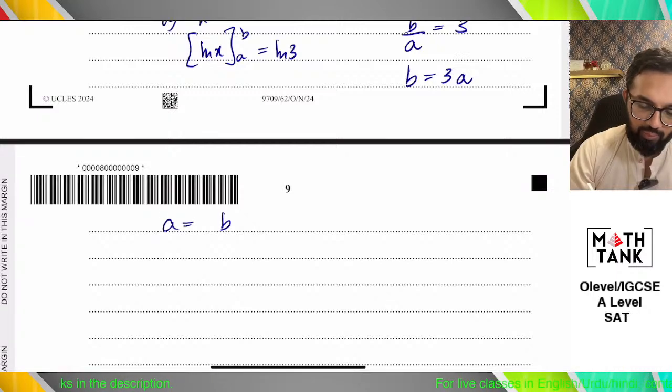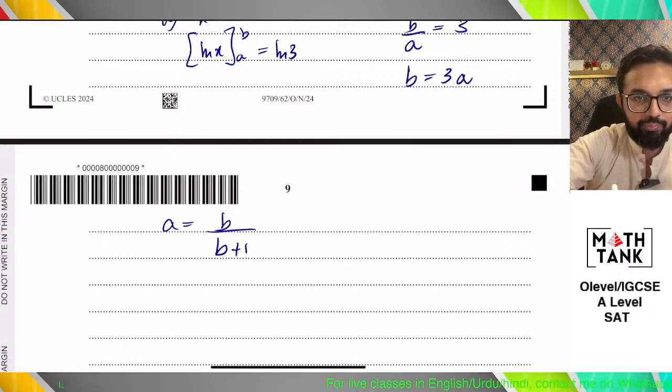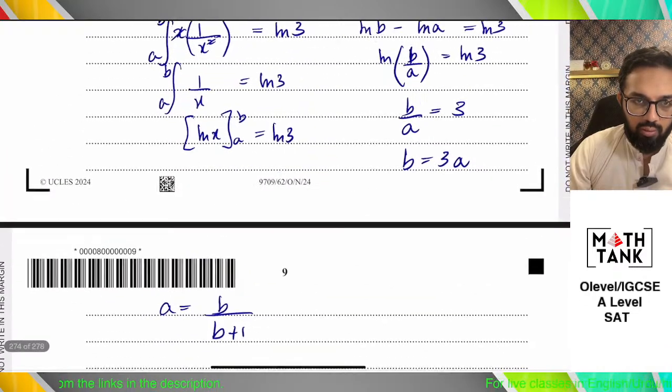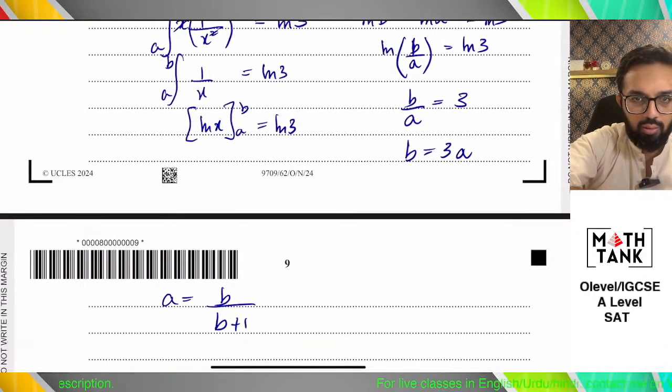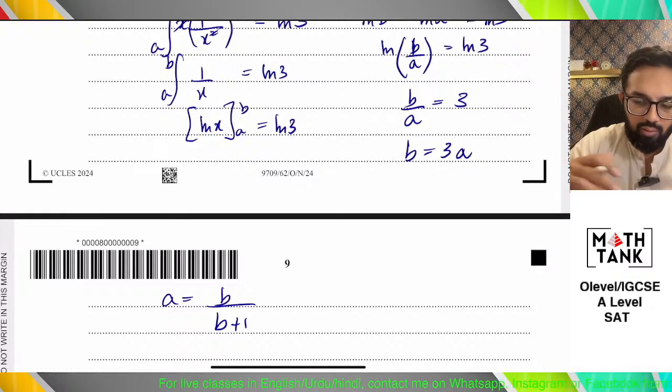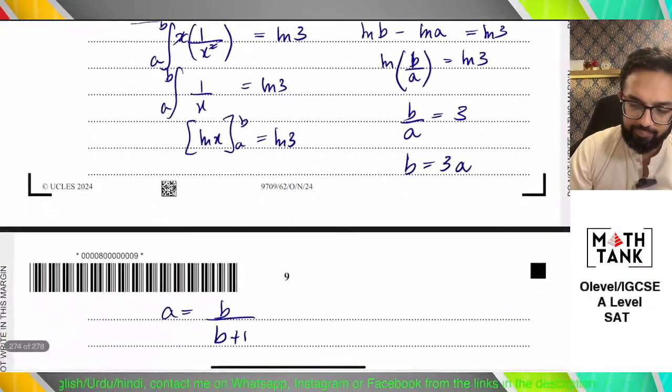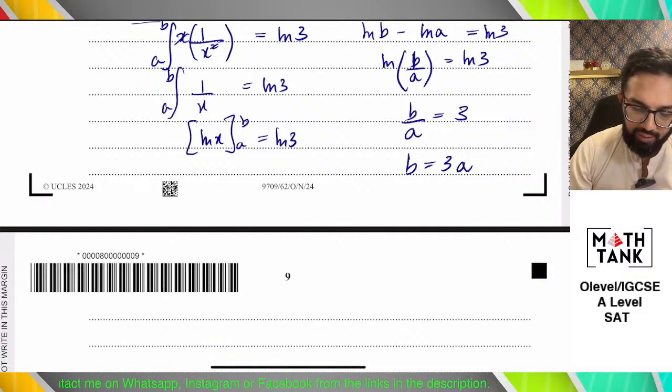So the previous equation was a equals b over b plus 1. Okay, maybe I could best prove b.